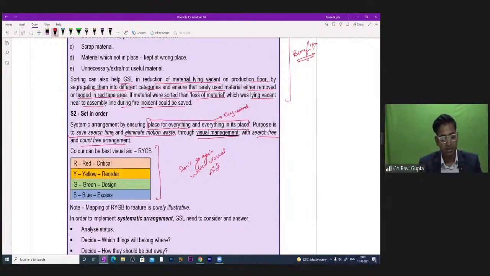Sir, this RYGB of set in order are good items, right? Like red for critical essential items. See, this is completely illustrative. This is not any kind of standard.